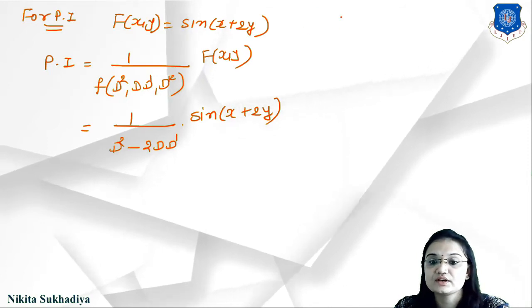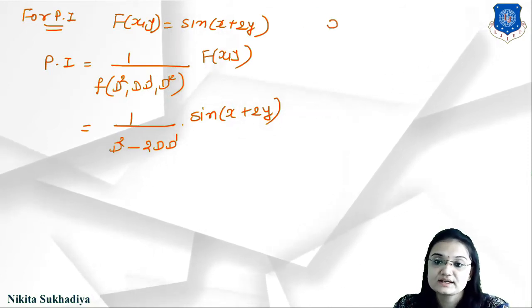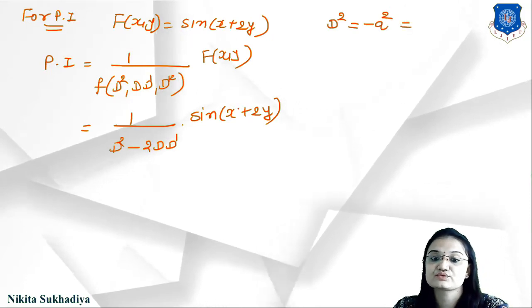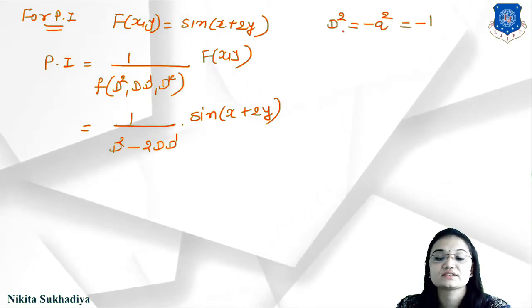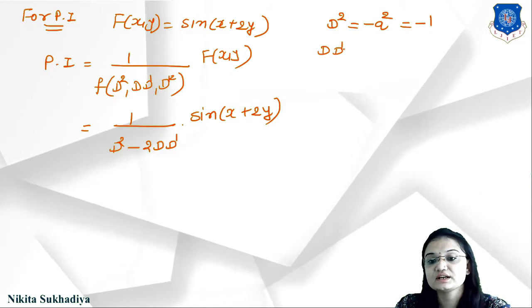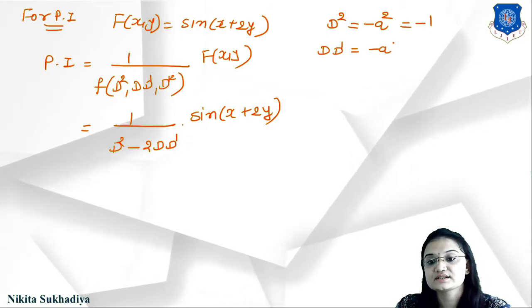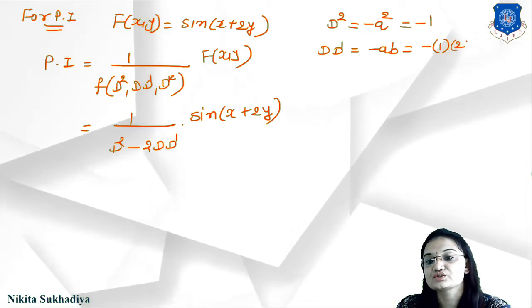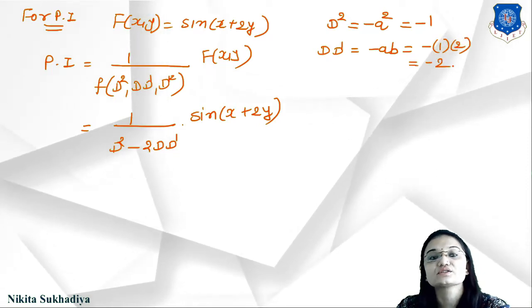Now replace D square by minus a square, and here a is 1, so replace D square by minus 1, and replace DD dash by minus ab, where a is 1 and b is 2, so replace this with minus 2.